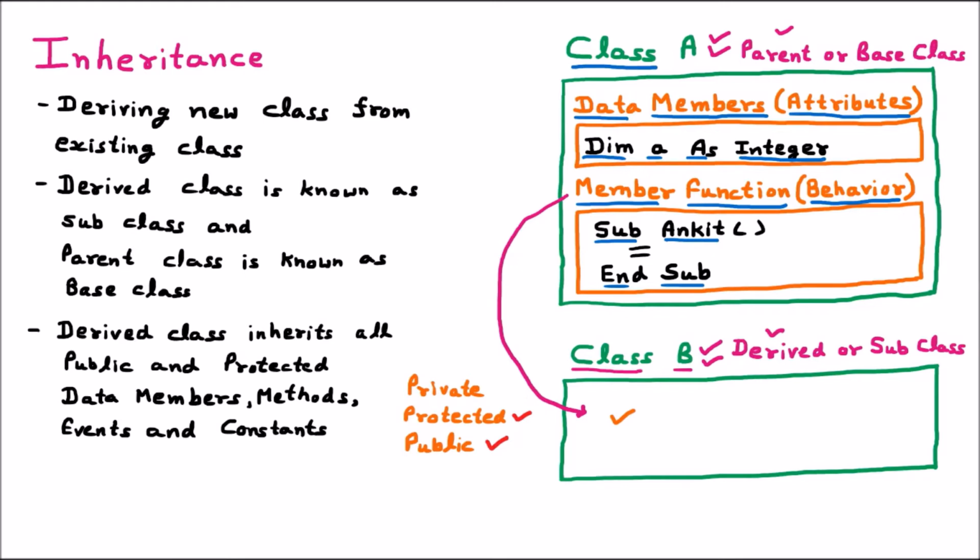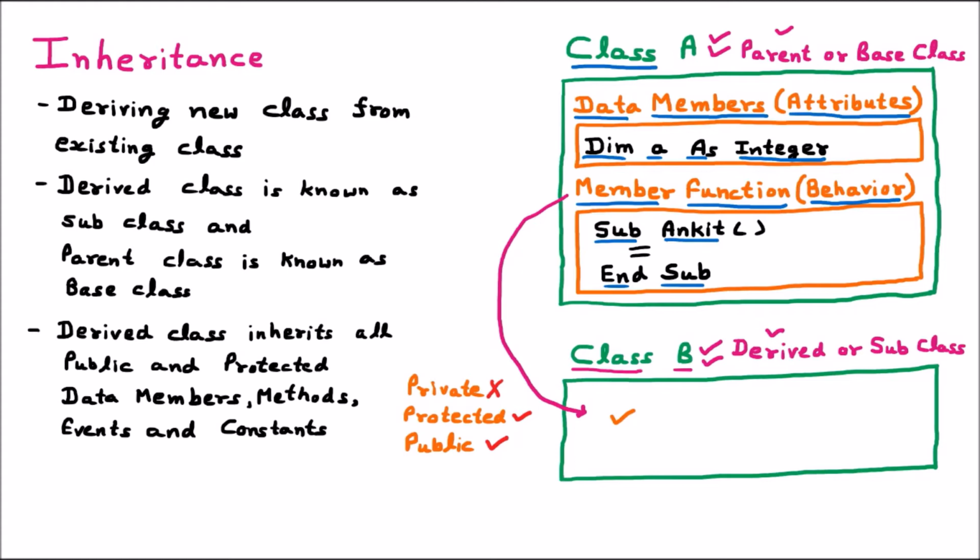These members can be data members, methods, events, or constants, but it cannot inherit the private members of class A. So of class A, protected and public members are accessible in class B. But the private members of the parent class we cannot take into the derived class. In short, the private members of the parent are not accessible, but the protected and public members of the parent are accessible.